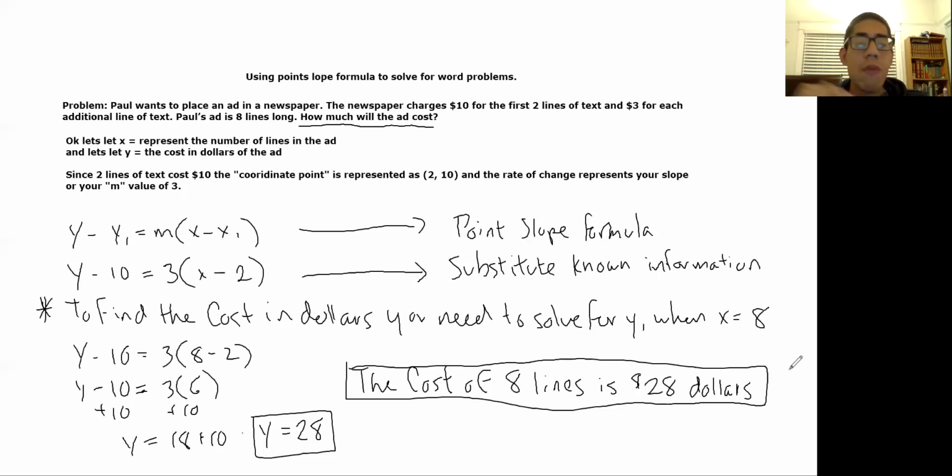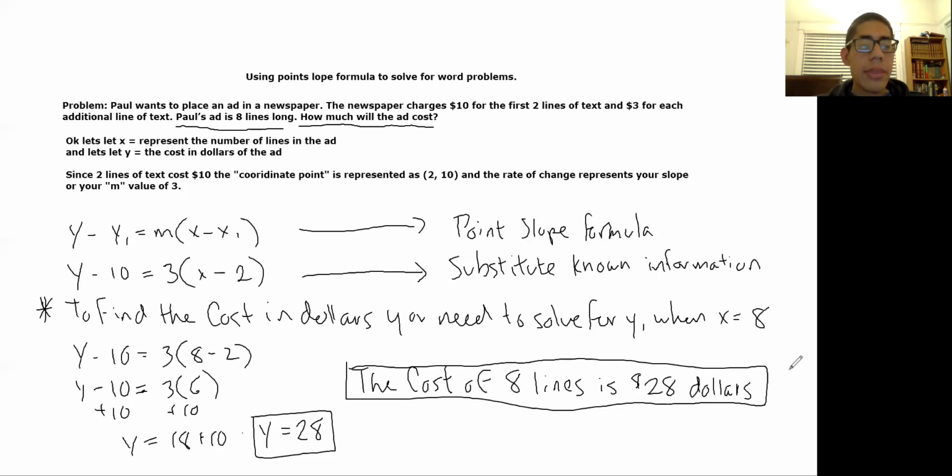Okay, and then if Y is the final answer that we want, X is something that we're going to have to input in order to get that. Well, how much will the ad cost? Well, it depends how many lines Paul's ad is, right? They straight up say Paul's ad is 8 lines long. So that means X has to represent the number of lines in the ad, right?